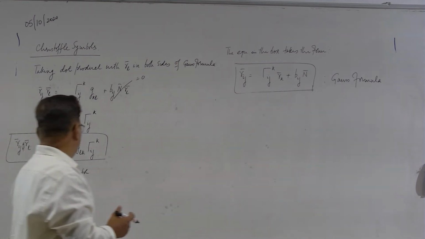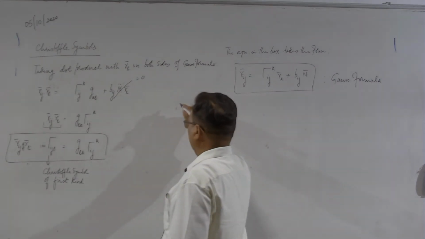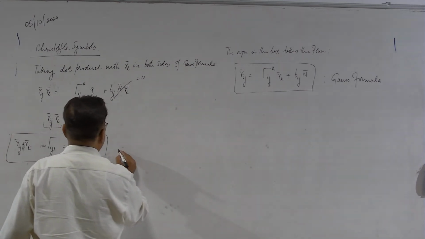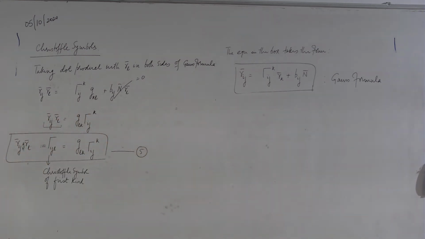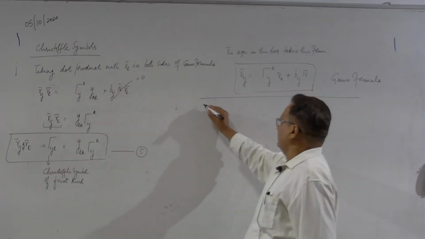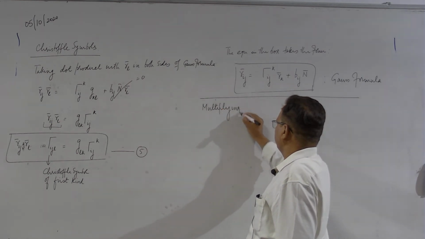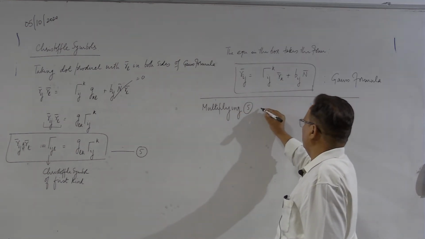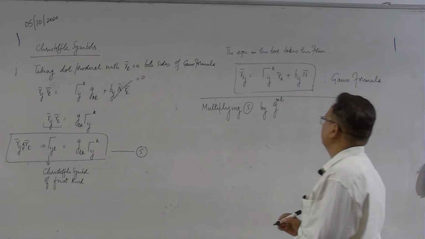Okay, how would you do? You just multiply it by g upper l, because k is fixed. So, what you do is, now if I call this relation, last number क्या था? 4 था शायद. So, इसको 5 कर लीजिए. Okay. So, now multiplying 5 by g^ml on both sides.